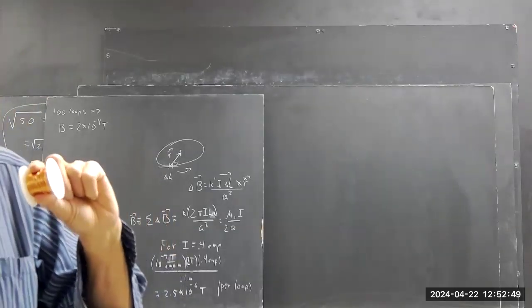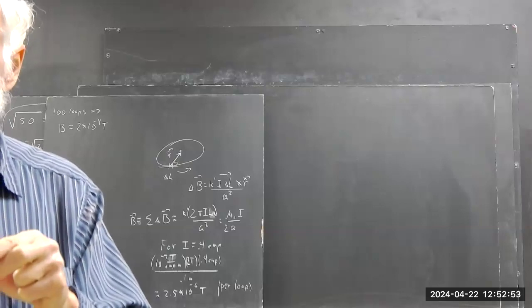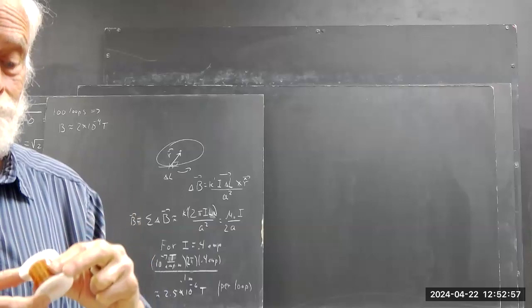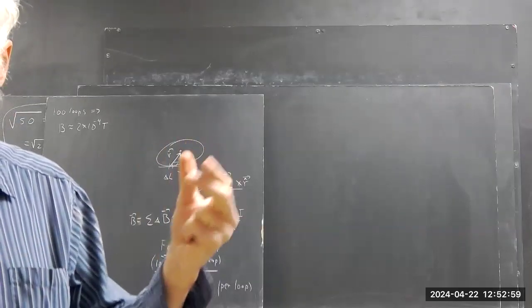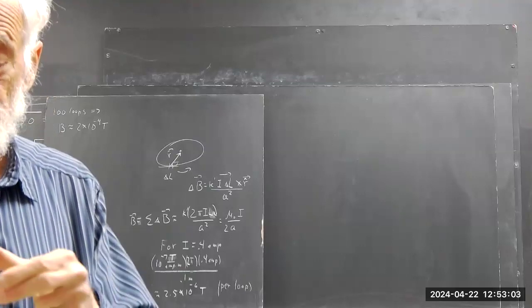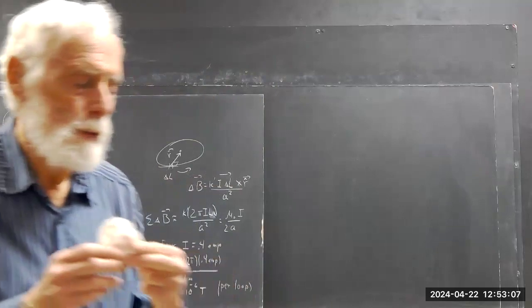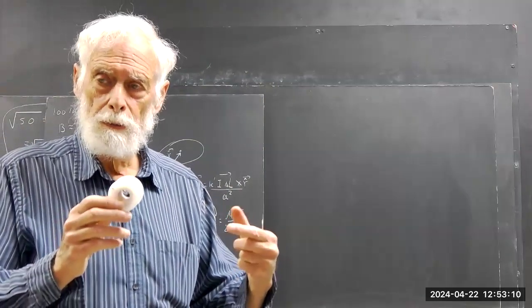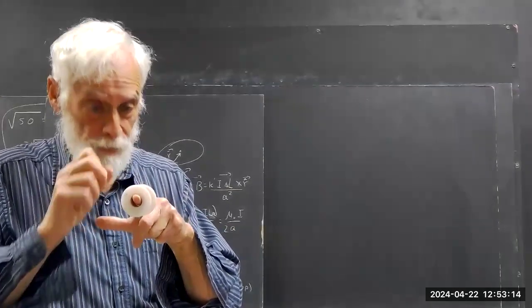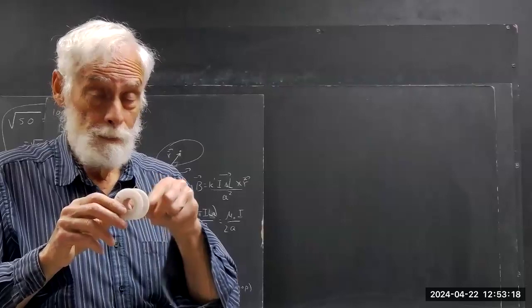Excuse me. There's a bunch of turns in here. And let's just say there are 100 turns of radius 3 centimeters. Okay. When we turn the magnetic field on, that field penetrates each of these loops. Okay, each turn.